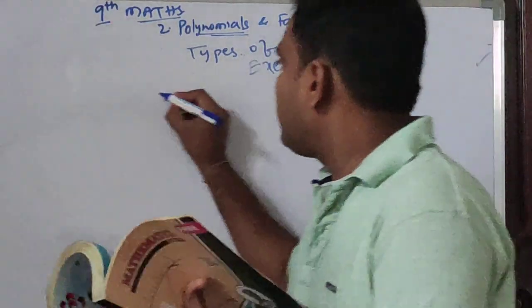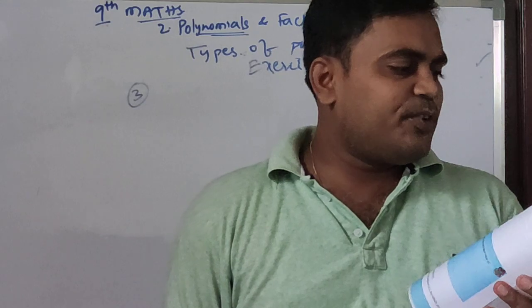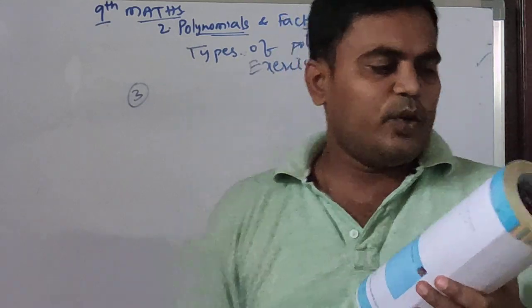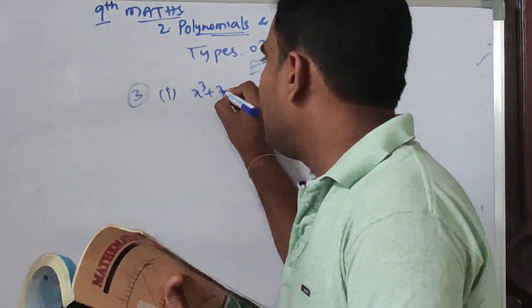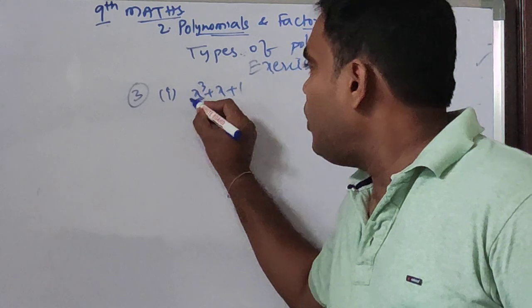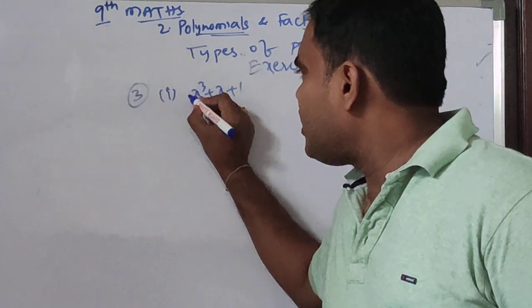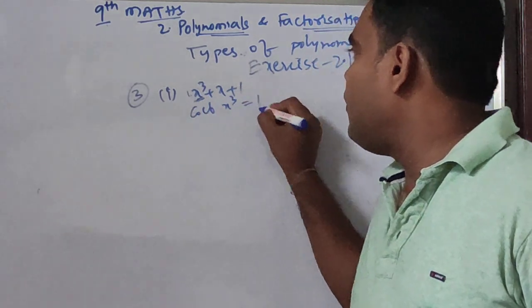Okay, if we observe the third question, write the coefficients of x cube in each of the following. First, x cube plus x plus 1. Here x cube is appearing, and before it is nothing, which means 1. The coefficient of x cube is 1.